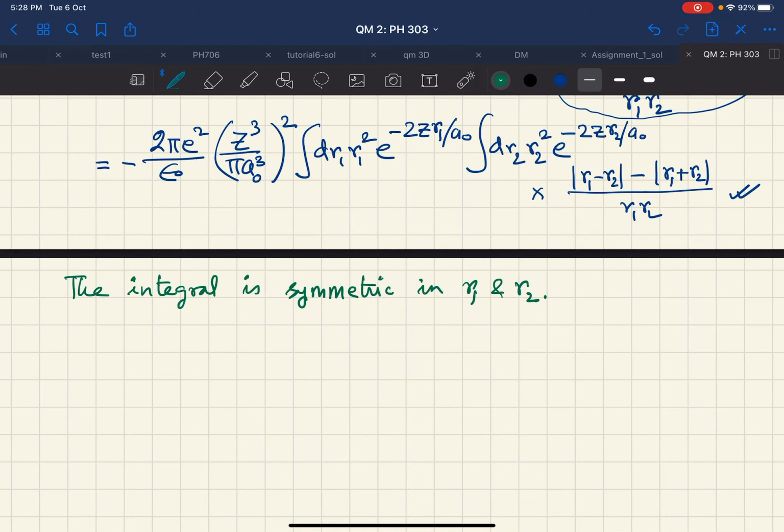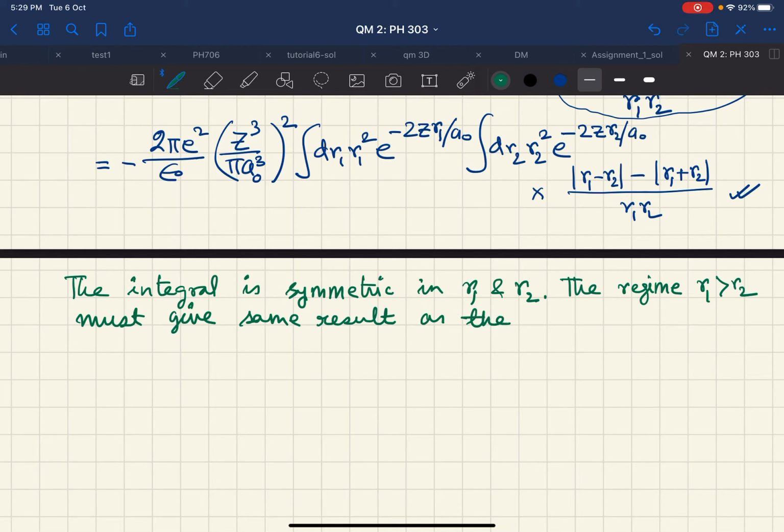The regime r1 greater than r2 must give the same result as the regime r1 less than r2.